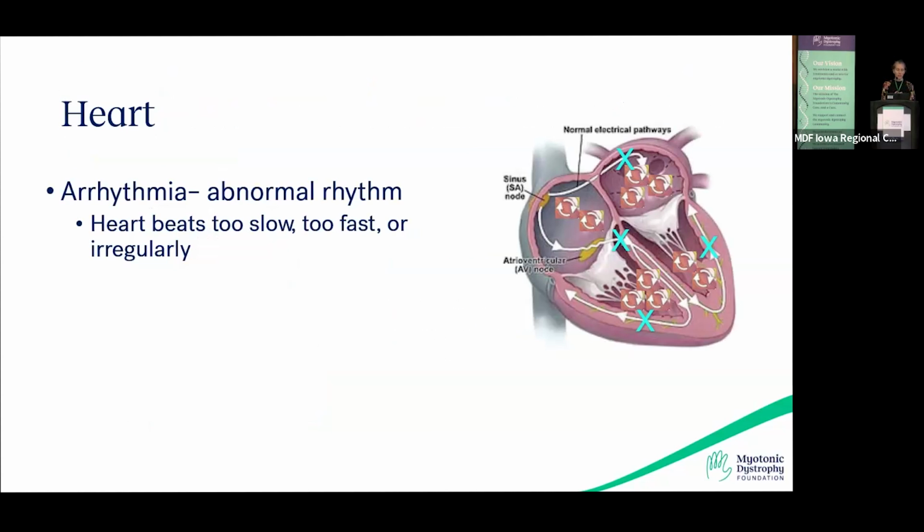So the cardiac concerns with myotonic dystrophy center around arrhythmias, and that means an abnormal rhythm. So either the heart is beating too fast, too slow, or irregularly, or sometimes the heart can get blocked and that rhythm doesn't continue through the entire muscle of the heart.